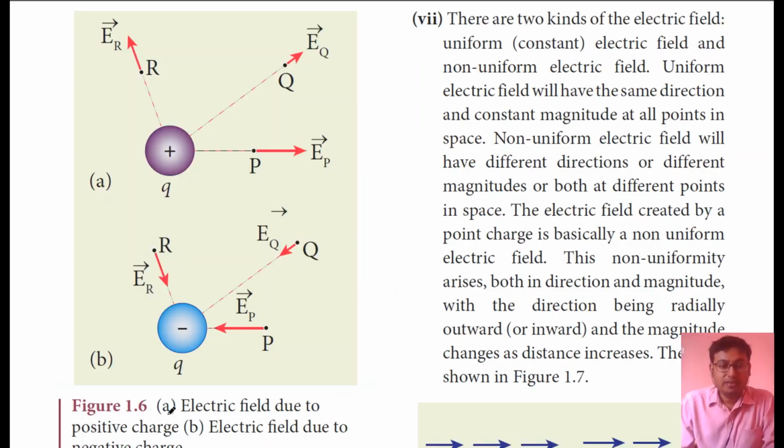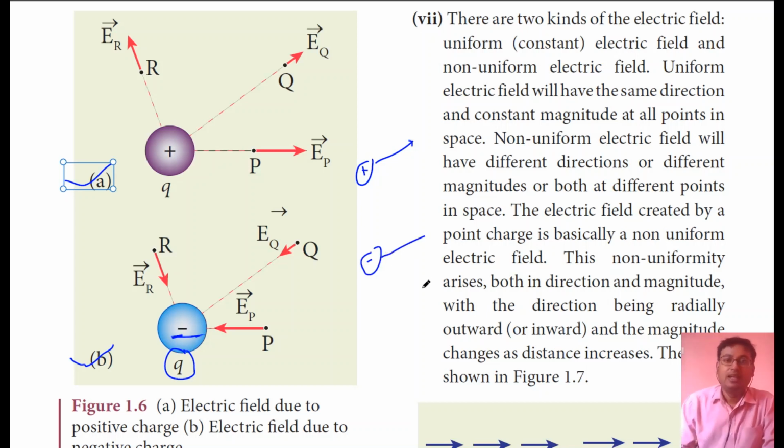As you can see from figures 1.6a and 1.6b, in 1.6a we have a positive charge Q, and in 1.6b we have a negative charge minus Q. We have seen earlier that from a positive charge electric field lines come out, and into a negative charge electric field lines go inward. It is the same as the north and south poles of the magnet, which you have seen in your class 10th, and we will see the same thing in 12th also.